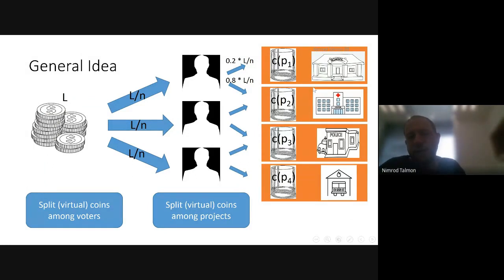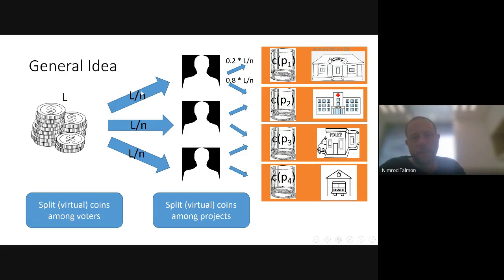So in this toy example, we have 4 projects: school, hospital, police, and fire department. And so, for example, if this voter gave 0.2 support intensity for school and 0.8 intensity for hospital, now after this normalization, it basically means that she gave 20% of these L over N tokens that she had to this project, and the remaining 80% here.